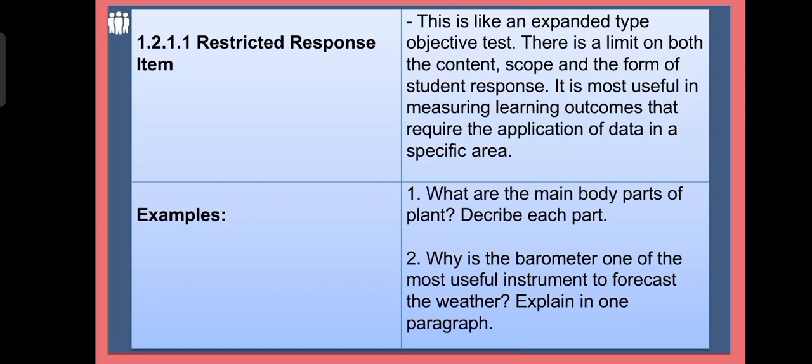It is most useful in measuring learning outcomes that require the application of data in a specific area. Examples. First, what are the main body parts of a plant? Describe each part. Second, why is the barometer one of the most useful instruments to forecast the weather? Explain in one paragraph.